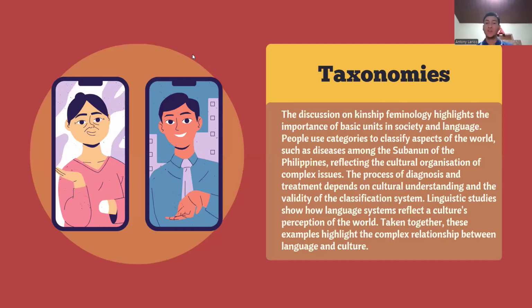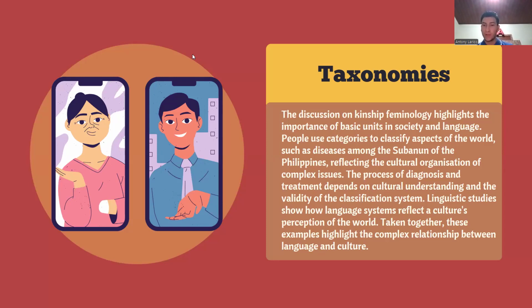Taxonomies. The discussion of kinship's phenomenology highlights the importance of the basic units in society and language. People use categories to classify aspects of the world, such as the diseases of the Subanun of the Philippines, reflecting its cultural organization of complex things.